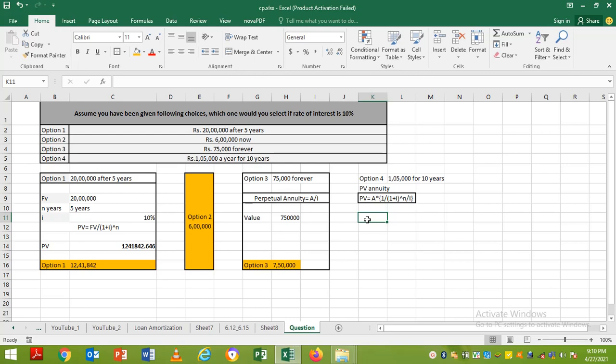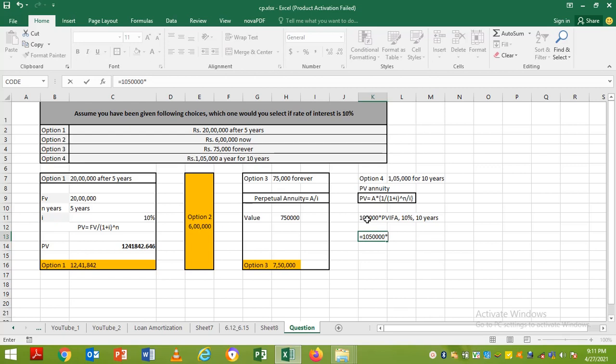Let us apply the figures into this formula, where the annuity is 1,05,000 multiplied by the present value interest factor annuity, because we are applying the annuity formula, for 10% and 10 years.